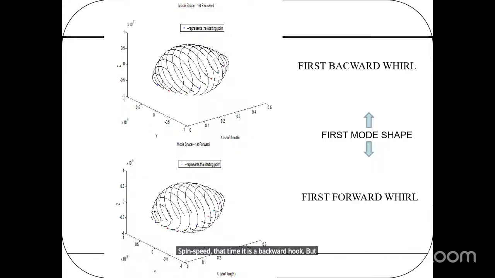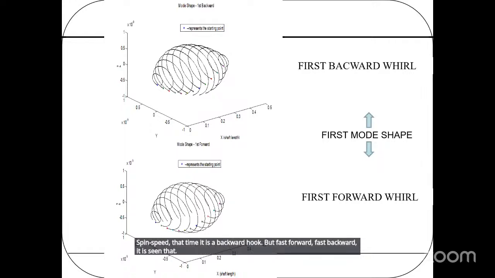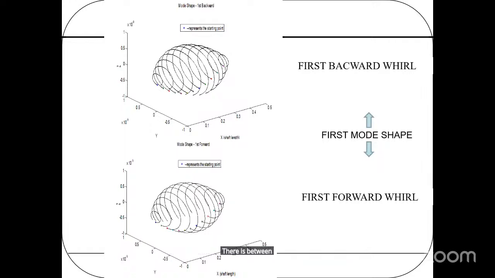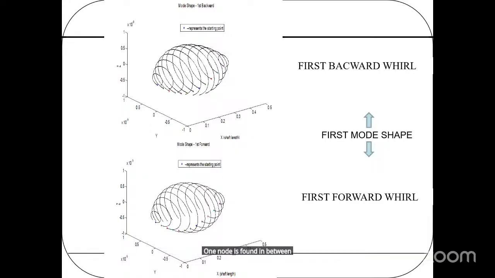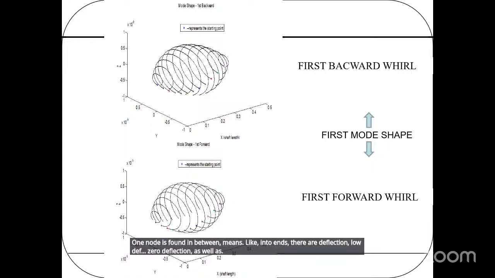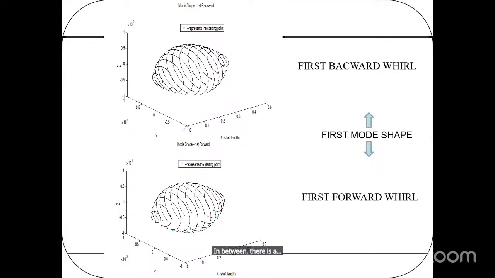But in the first forward and backward modes, it is seen that in between there is maximum deflection, no node in between. But in the second mode, one node is found in between, means at the two ends there is zero deflection, as well as in between there is a zero deflection.